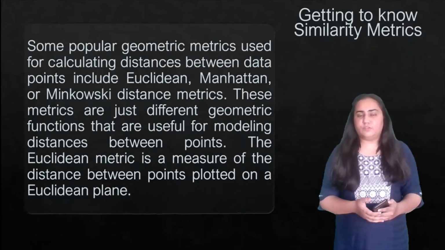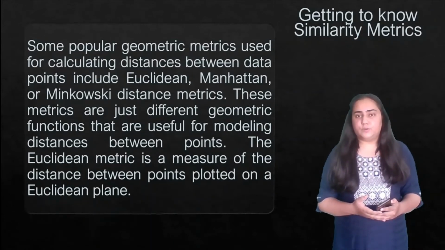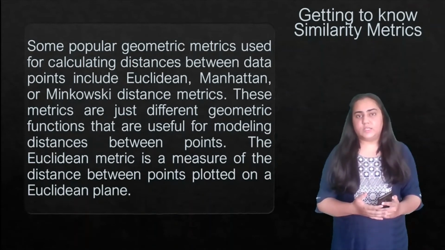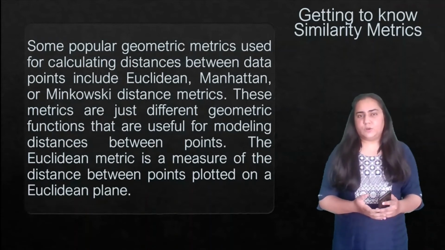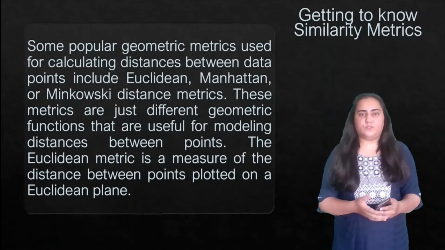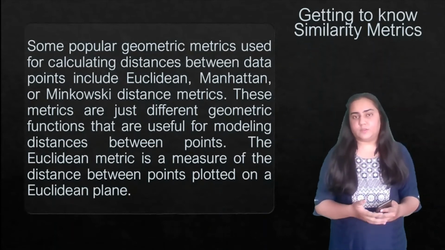Some popular geometric metrics used for calculating distances between data points include Euclidean, Manhattan, or Minkowski distance metrics. So there are 3 distance metrics, and I'm pretty sure you must be familiar with the Euclidean one because that's the most widely used, and if you studied statistics or mathematics, you would probably know this.